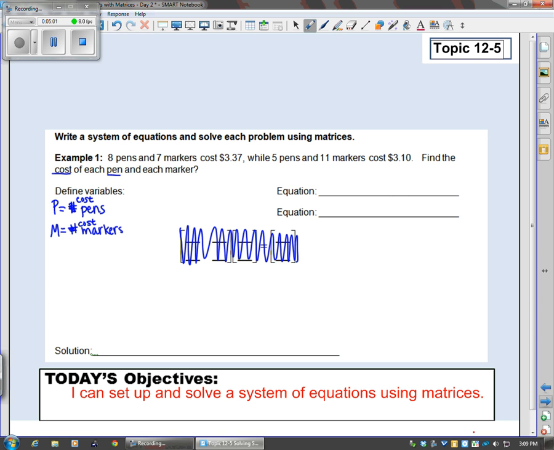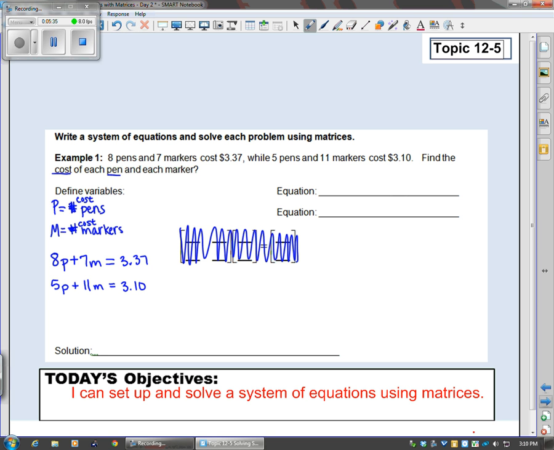Okay. Look at the first sentence. 8 pens and 7 markers cost $3.37. 8 pens plus 7 markers is $3.37. You see how we made an equation out of that? Next sentence. 5 pens plus 11 markers equals $3.10.